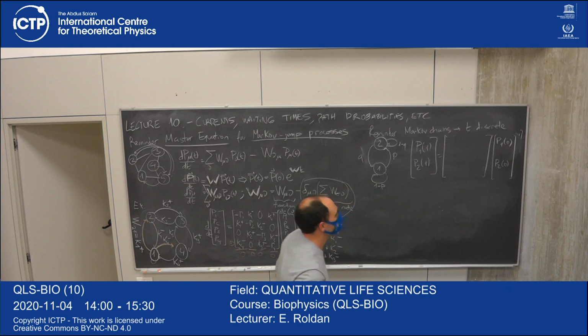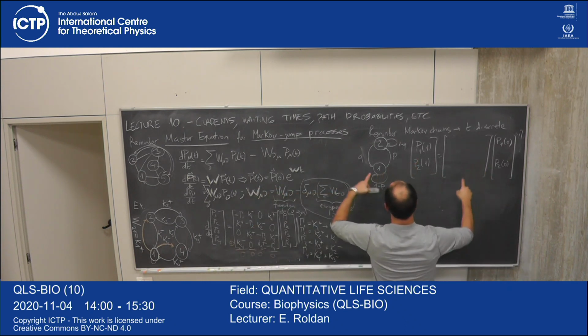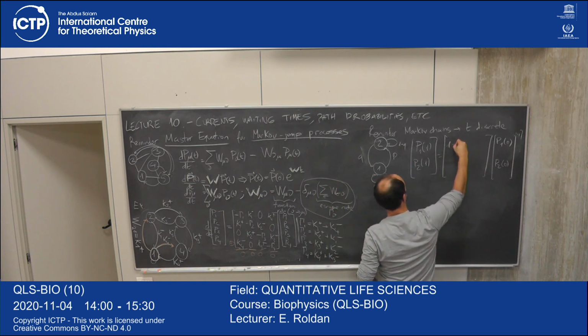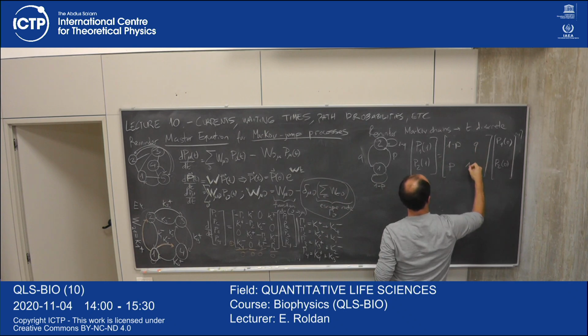And what we were putting here was, to 1, from 1, you go with 1 minus P. Then you get P, then you get Q, then you get 1 minus Q.